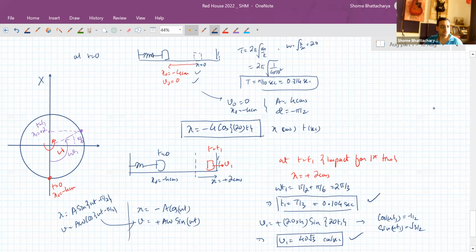So just remember what happens in a perfectly elastic collision with a rigid wall like this. It rebounds with the same speed.